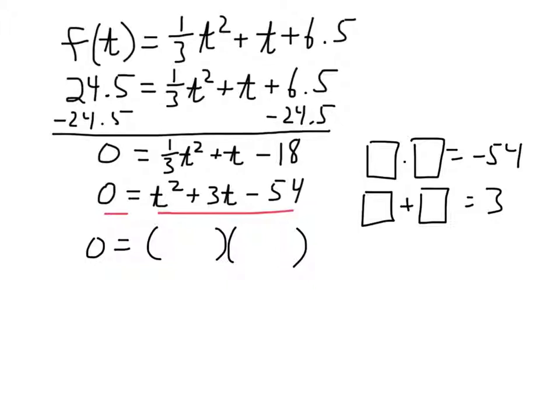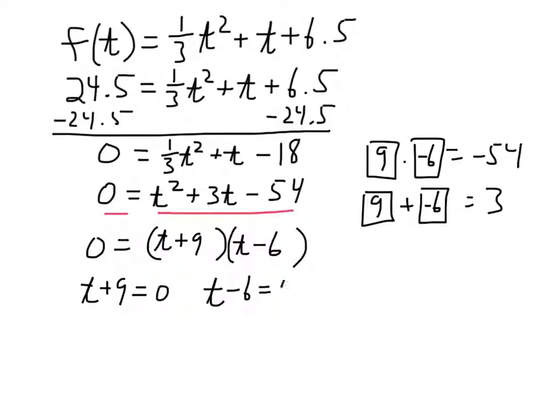And the numbers there are a +9 and a -6. So it's going to be t plus 9 and t minus 6. And now we'll set both factors equal to 0. So t plus 9 equals 0 and t minus 6 equals 0. If we solve this one, we get t equals -9, and over here we get t equals 6.